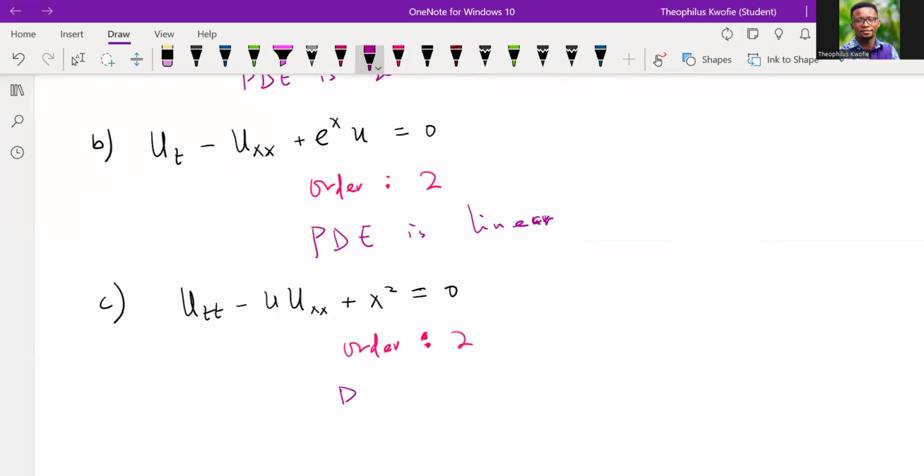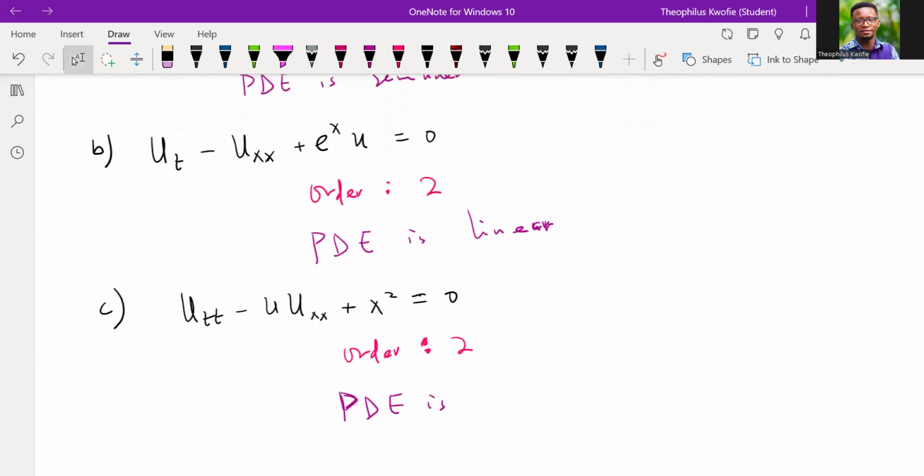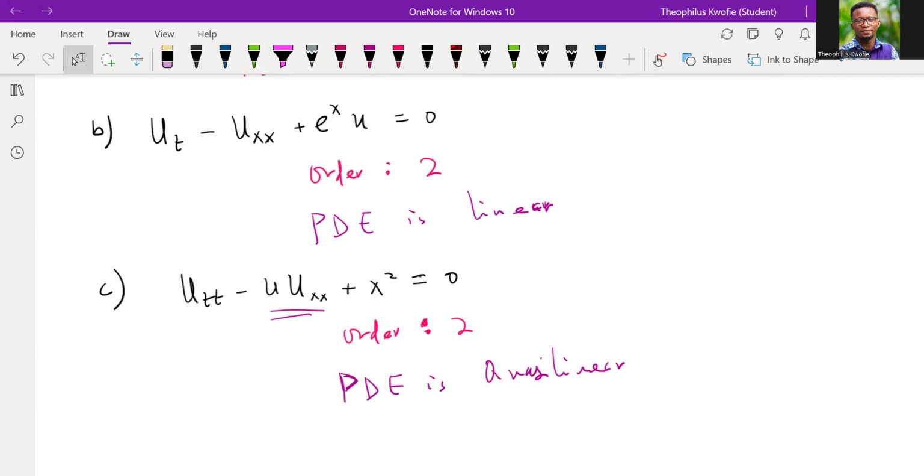And this particular PDE, is it quasi-linear? Yes, this particular PDE is quasi-linear because the A_j contains the solution u, which is also multiplying the partial derivative of u. So now this becomes quasi-linear. Is that okay? Very important.